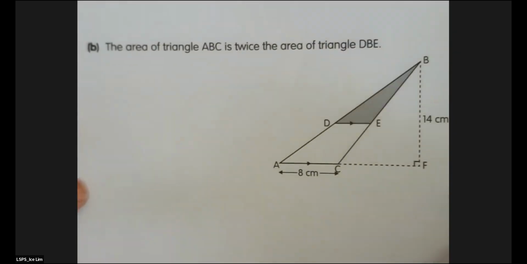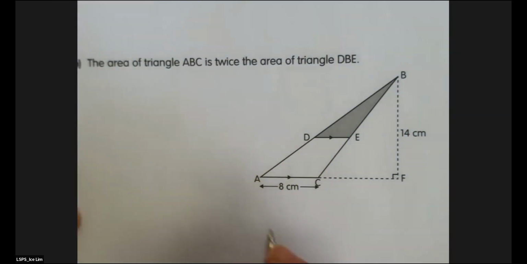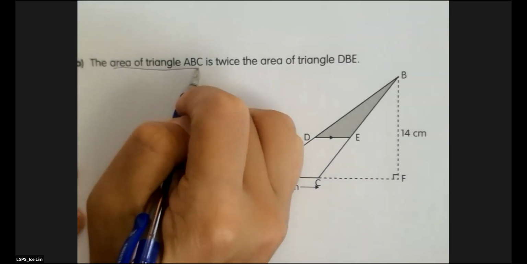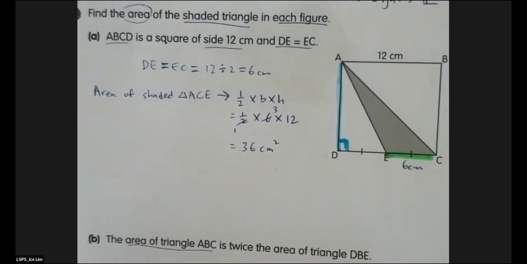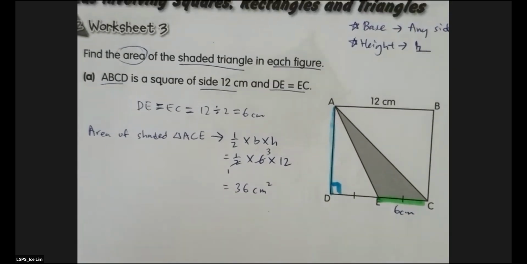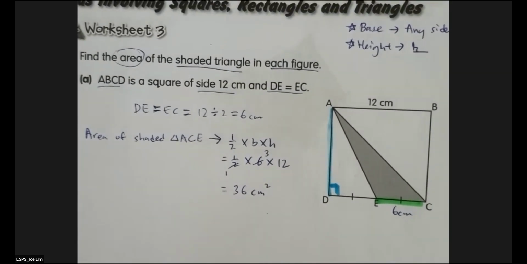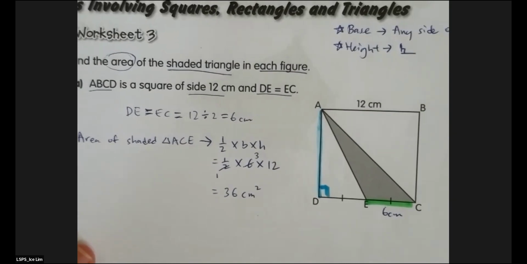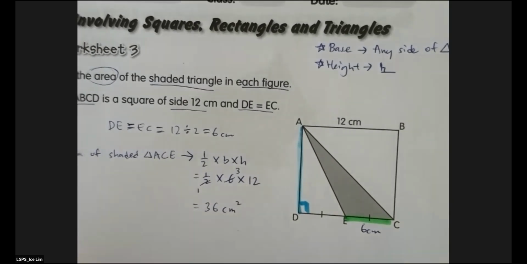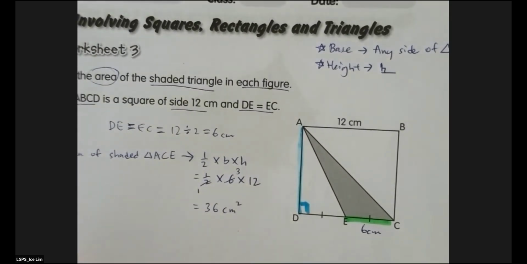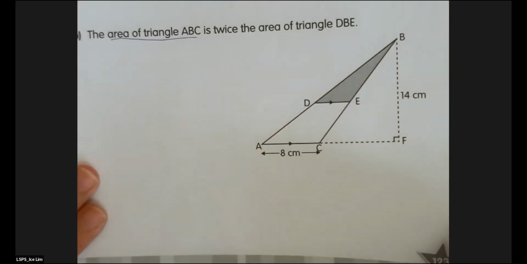Next one. You go back and look at the video yourself. The area of the triangle ABC. Okay, it's a bit tight for you. Give it 10 seconds there. 9, 8, 7, 6, 5, 4, 3, 2, 1. Okay.